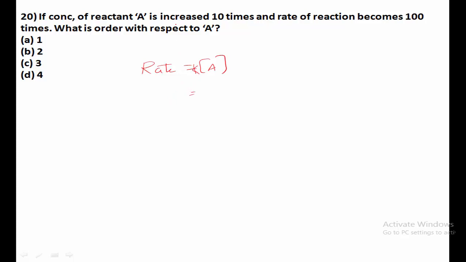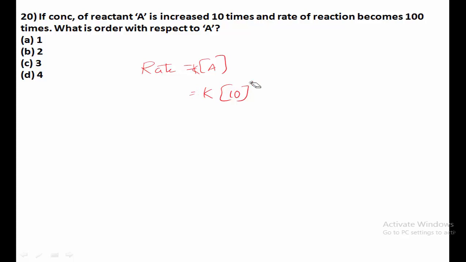Now, when we increase the concentration of A by 10 times, if it is a zero order reaction, then it becomes 10 raised to 0, which is 1, so it becomes a constant. And if it is a first order reaction, then it increases by 10 times. If you increase the concentration of A 10 times, the rate will also increase by 10 times.